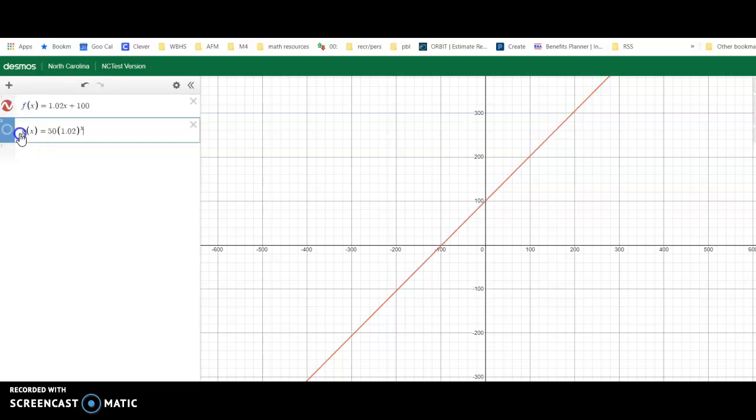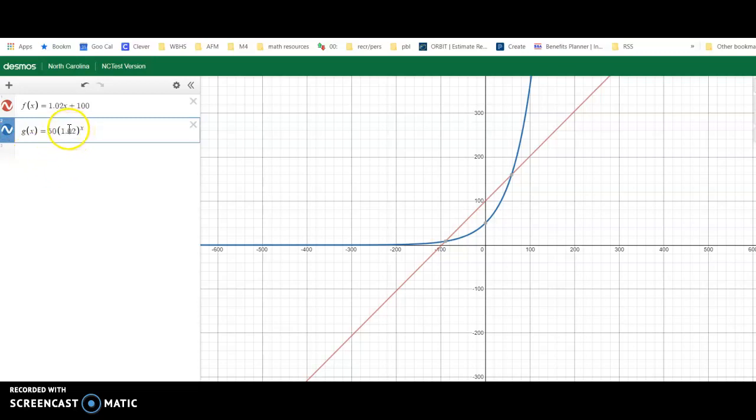Now, if I look at this, g of x, again, could just be a y. I could have just written y here instead of g of x. But look where the x is. It's raised up to a power. X is an exponent. So therefore, I know this is not going to be a line. Before I ever do anything, I know this is not going to be a line. It is exponential growth.